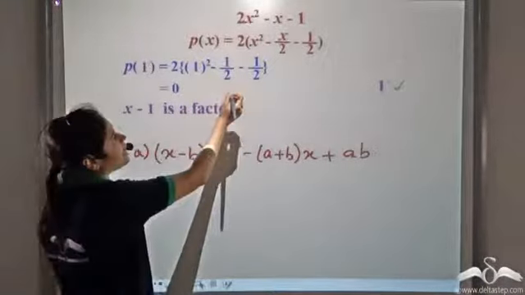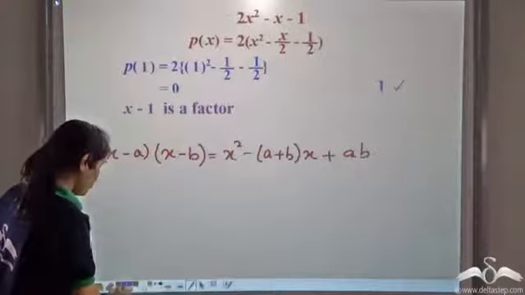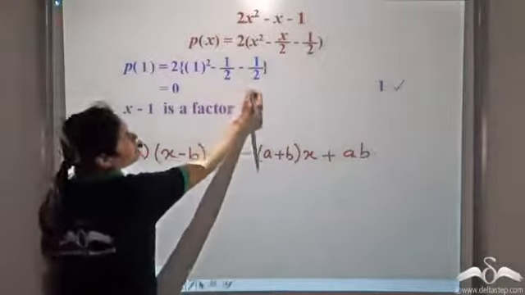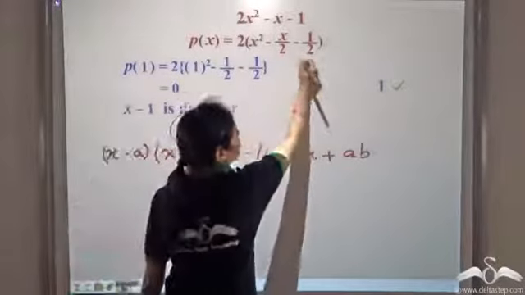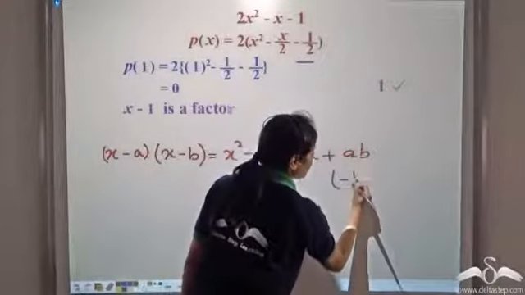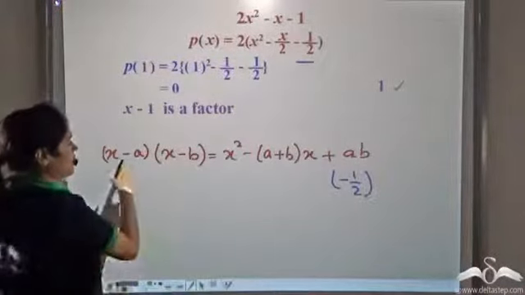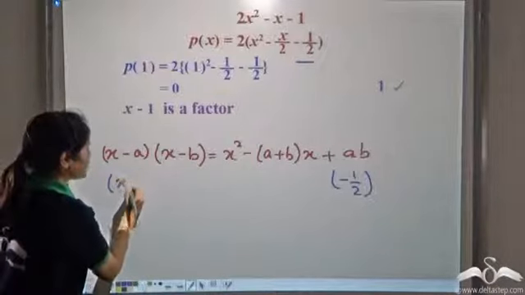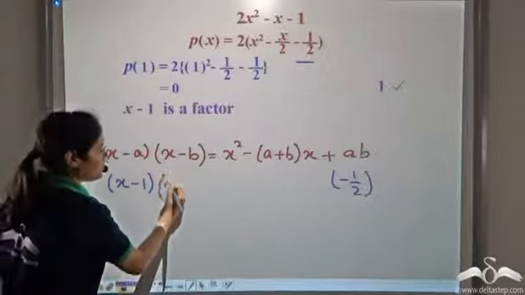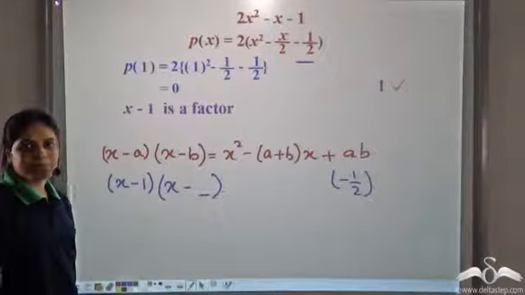Now we can compare it to this. So ab is the constant term which is negative half. x minus a is x minus 1. We require something of the form x minus b.